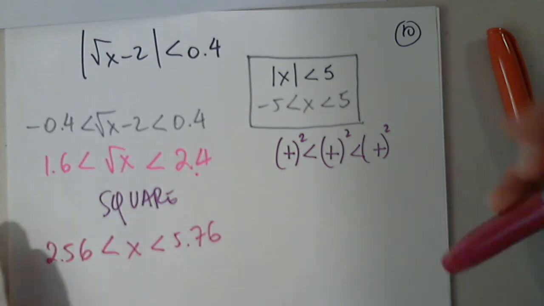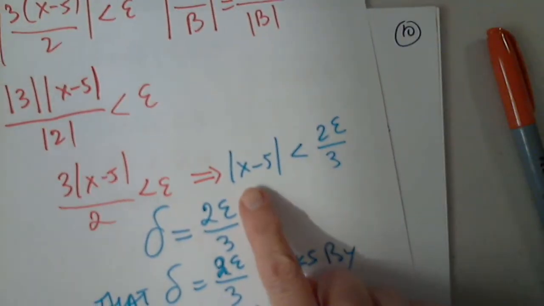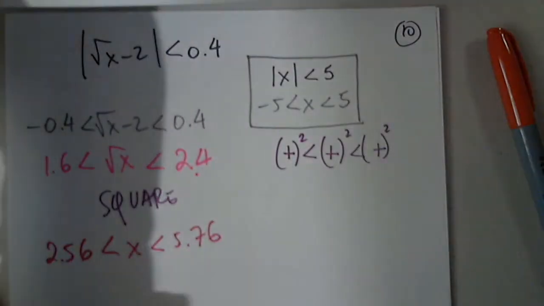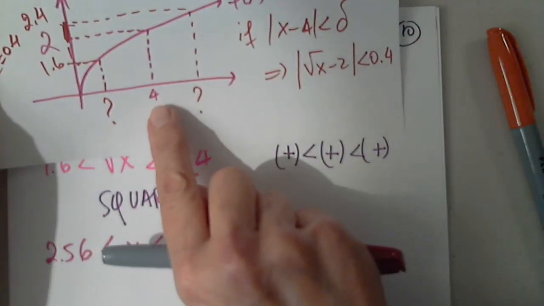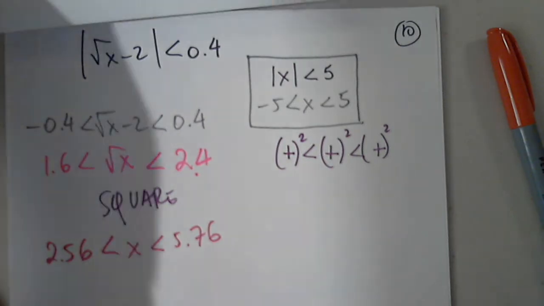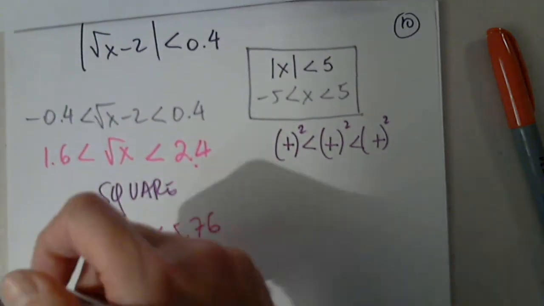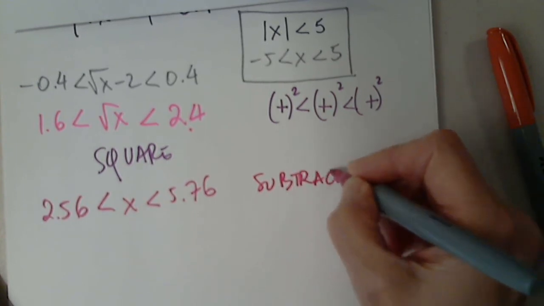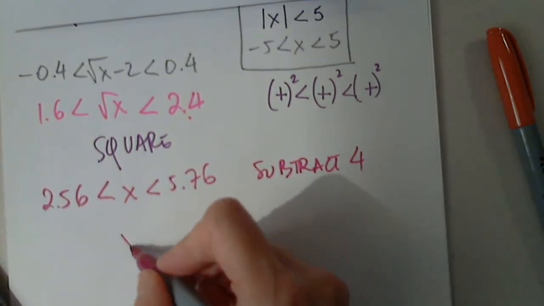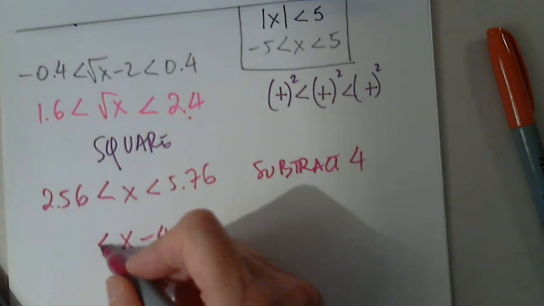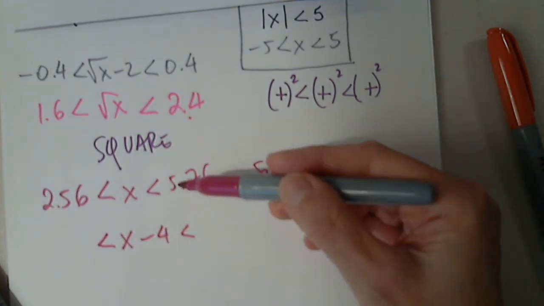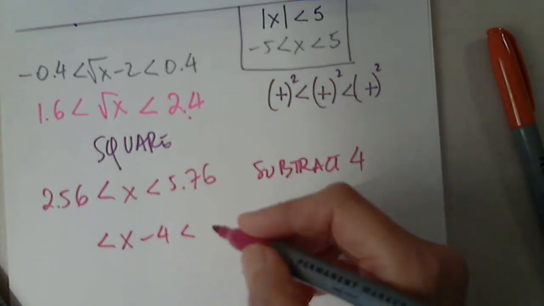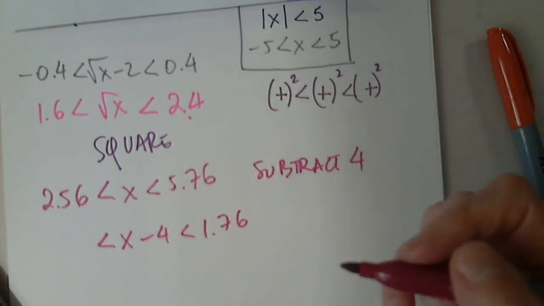So remember what we did in all these situations. We determined x minus a. So in our problem, a is 4. So at this point, I will have to subtract 4 from all three sides. In the middle, I have x minus 4. On this side, I have 5.76 minus 4 is 1.76.